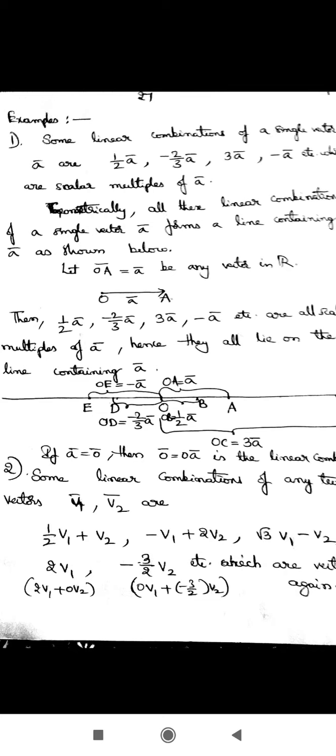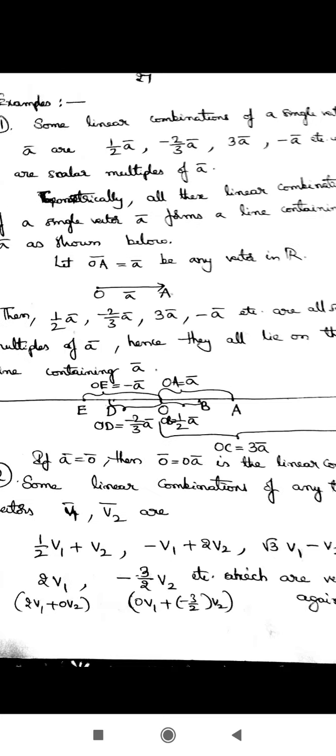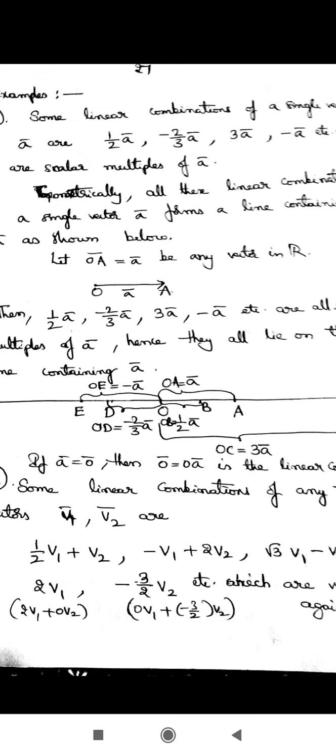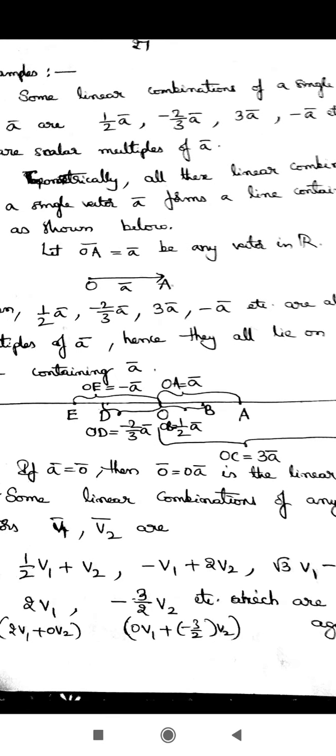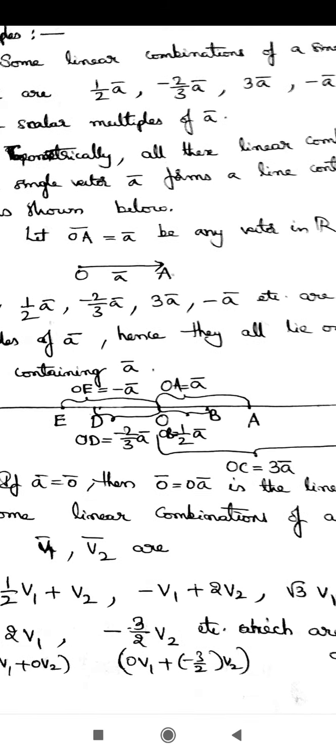Now let us move on to the next example. Okay, before moving to the next example, I want to give you a note point also. If A bar is equal to 0 bar, already we are taking a single vector, and even that itself is a 0 vector, then what will be its linear combination?